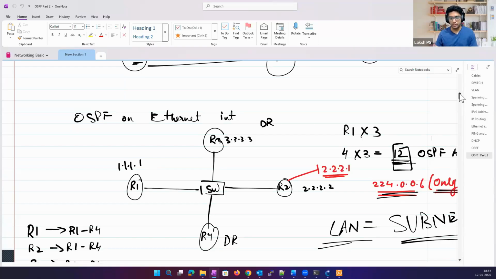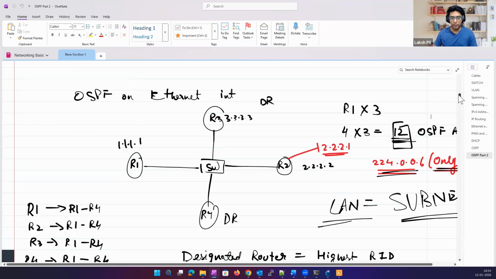What are the complications that we may see? To avoid those complications and mitigate the flooding of hello messages, we introduced two new devices called DR and BDR.